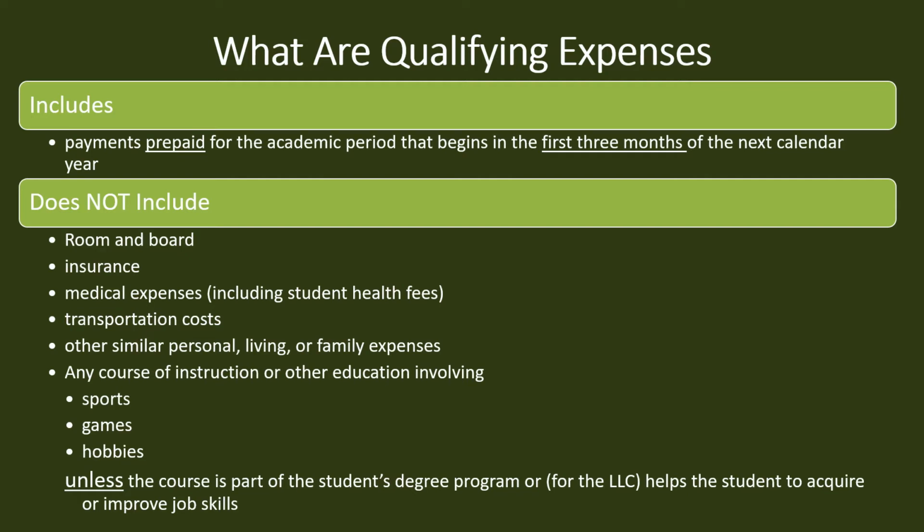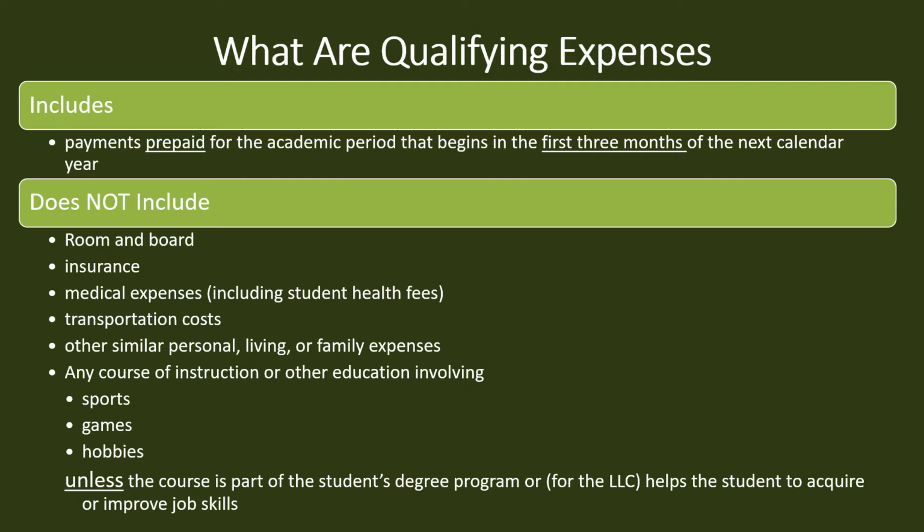Qualifying expenses do not include room and board, insurance, medical expenses, including student health fees, transportation costs, again, parking is part of that, other similar personal, living, or family expenses, and any course of instruction or other education that involves sports, games, or hobbies, unless the course is part of the student's degree program, or for the Lifetime Learning Credit, it helps the student to acquire or improve job skills.